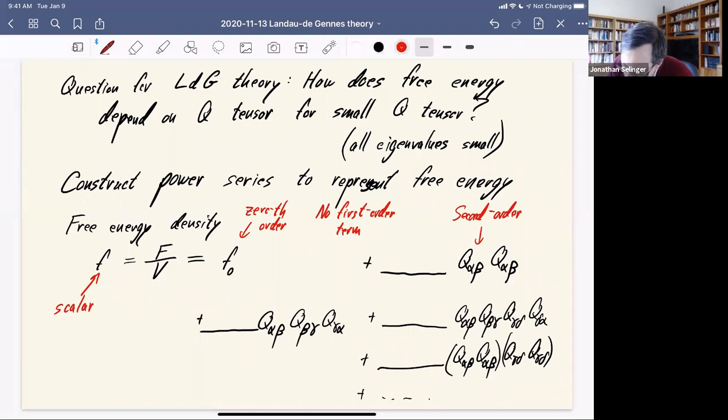So we have zeroth order, second order, third order, and fourth order terms. So similar to the Ising model, but a little bit different because it's with tensors instead of just an M scalar or a vector.